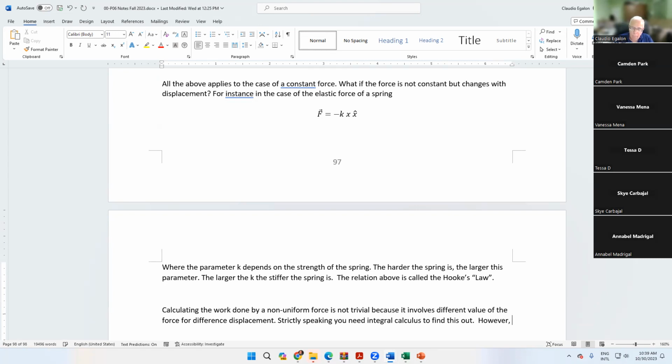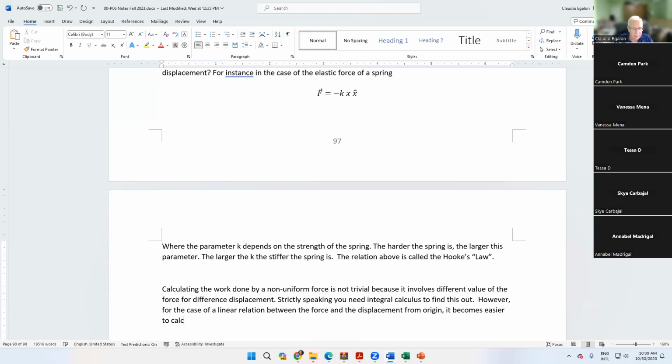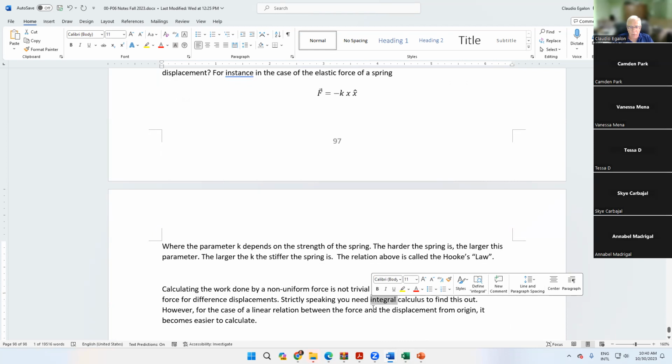However, for the case of a linear relation between the force and the displacement from origin, it becomes easier to calculate that.